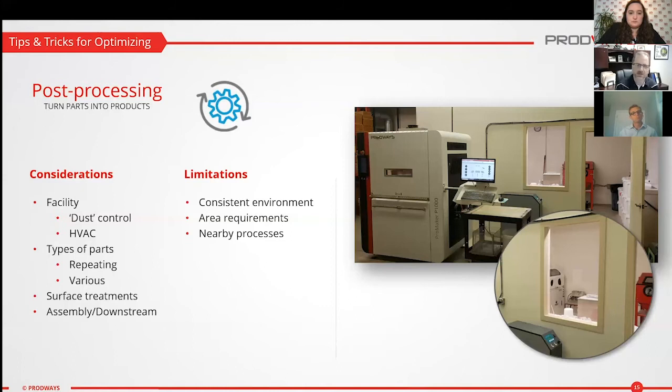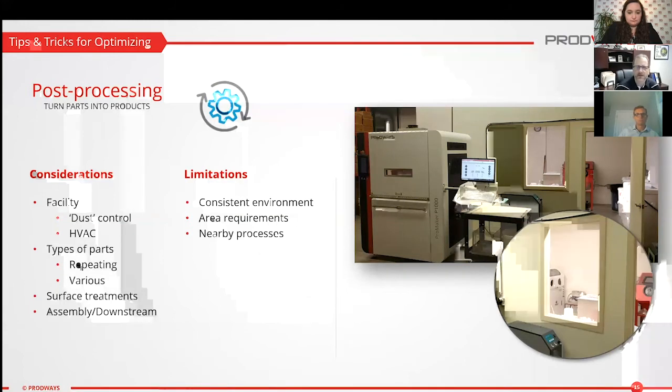Simple things like doors and drafts, cold air coming in, things like that have to be taken into account along with humidity. You just want a stable environment. Another limitation or consideration would be the area. How much room do you need? Again, as pictured there, the machine takes a very small footprint, which is wonderful, but the post-processing must be considered. So you have to have ample space, and you need to consider that.